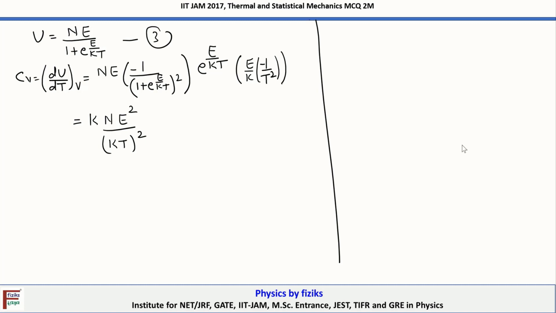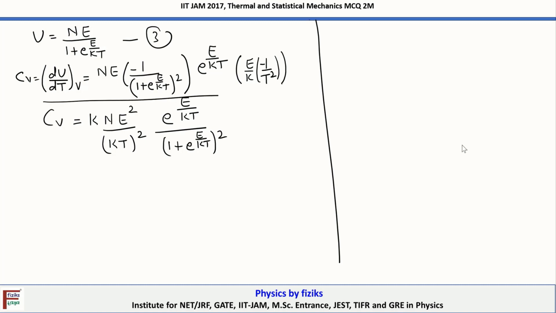So here we were having only kt square, so I am multiplying in the numerator with k and also in the denominator with k. So this is what we are getting, and then the remaining term exponential e by kt upon 1 plus exponential e by kt its whole square. So this is our final result.